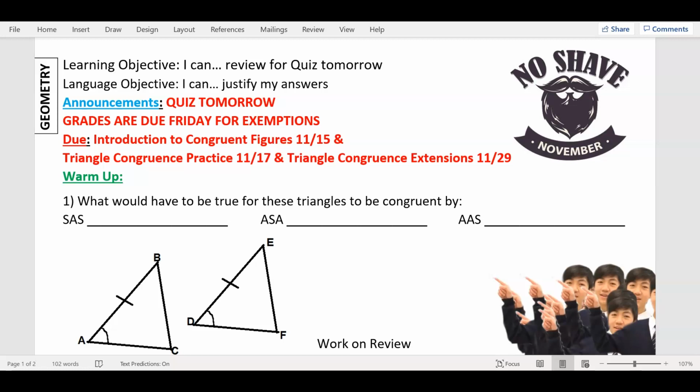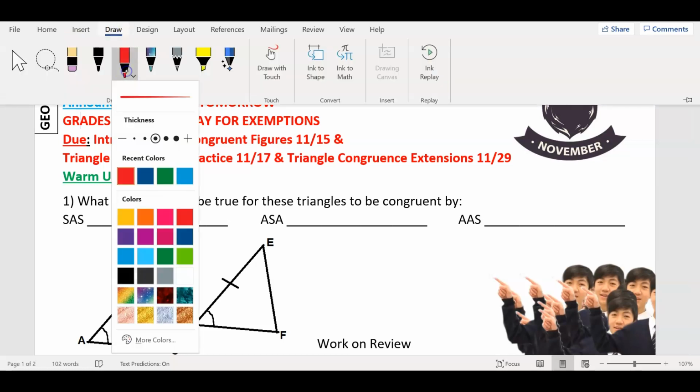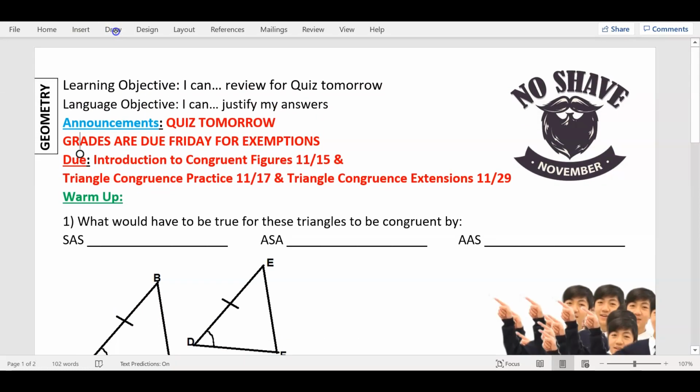On the left triangle, here's my side. Drawing's cool.